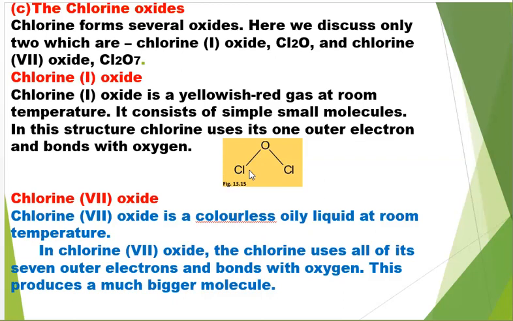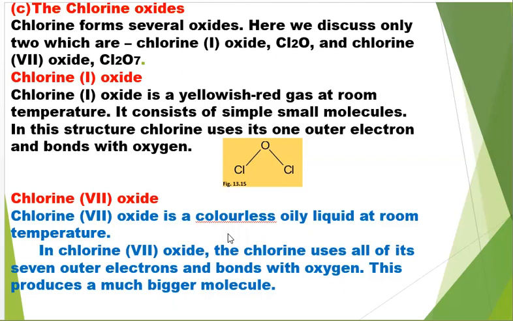Now, chlorine 7 oxide. Chlorine 7 oxide is a colorless oily liquid, while chlorine 1 oxide is a yellowish-red gas. Chlorine 1 oxide exists in gaseous form, while chlorine 7 oxide exists as a colorless oily liquid at room temperature.